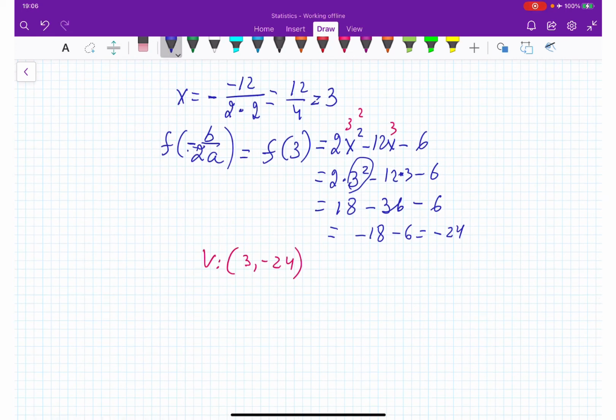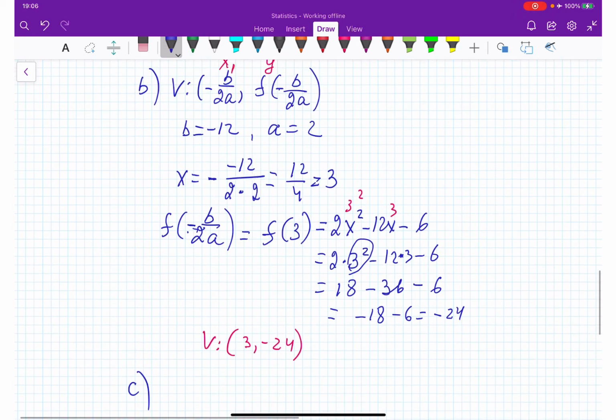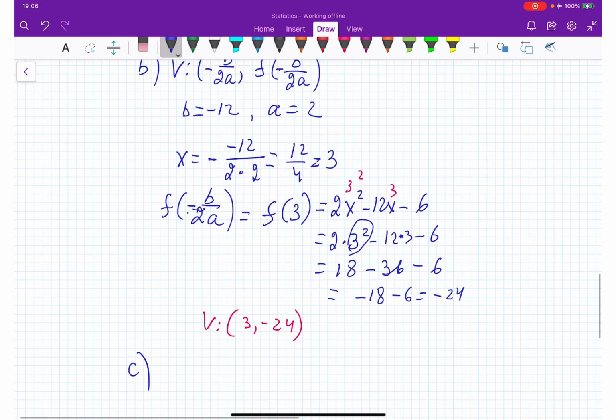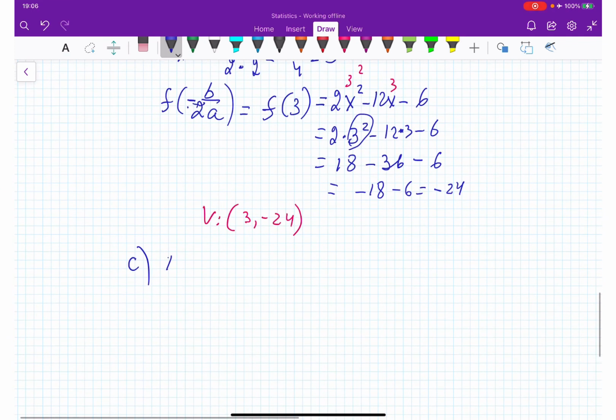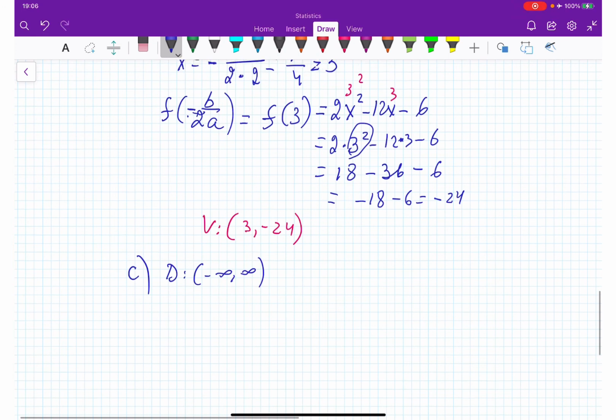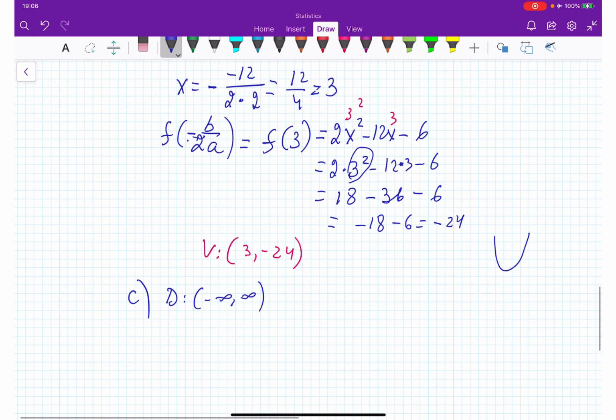And question number C. Let's see what it says. Identify the function's domain and range. Well, domain, since we know it's a parabola, domain is usually negative infinity to positive infinity. But the range, since we have the vertex as minimum, right? And this is the point 3 and negative 24.